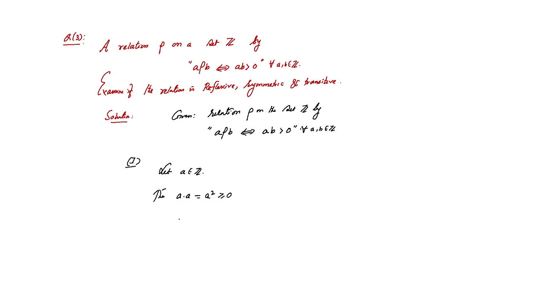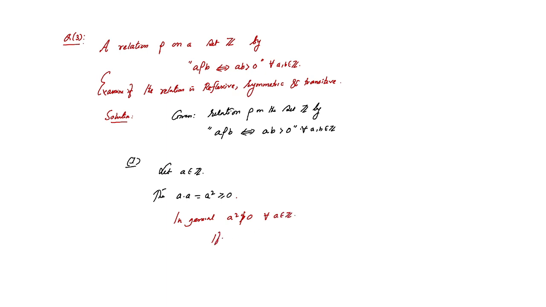So we can't conclude here that A into A is strictly greater than 0. In general, A square is not strictly greater than 0 for all A belongs to Z.